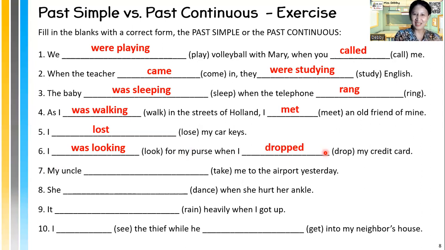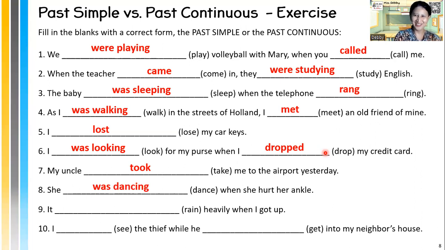Number 7: my uncle, blank, take me to the airport yesterday. Completed action, past simple, good job. Took me to the airport yesterday. Next, number 8: she. I think this is an ongoing past action, right? So she was dancing when she hurt her ankle.